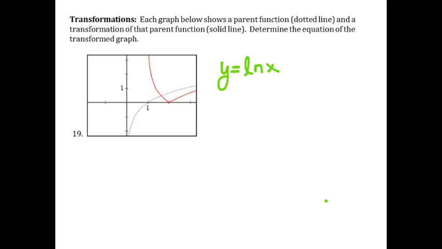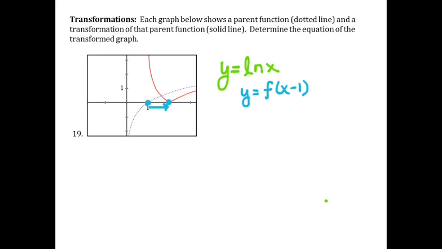Notice that my x-intercept for my parent graph is here at 1, and that's being shifted over here to 2. It's been shifted right 1 unit, and so we already know what that transformation looks like. It's going to be x minus 1. We're shifting to the right 1 unit, so x minus 1.